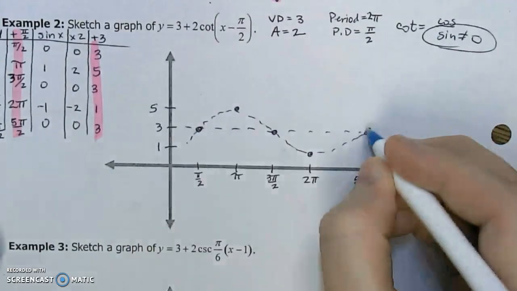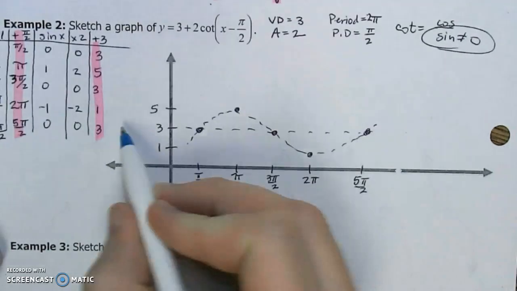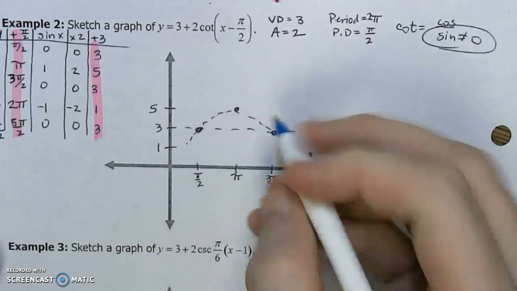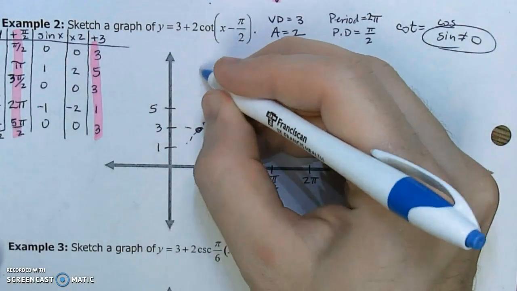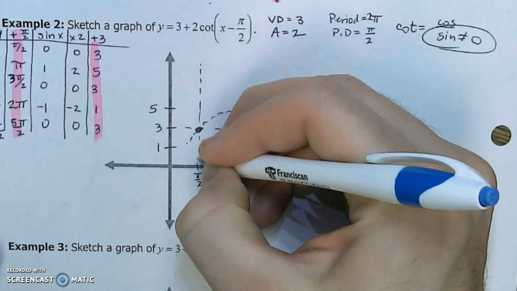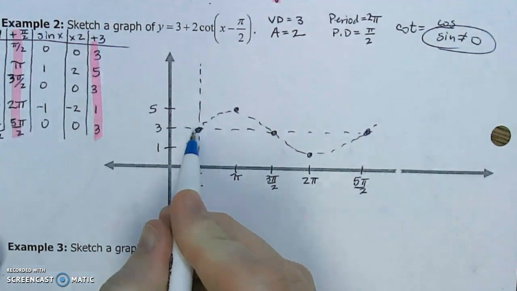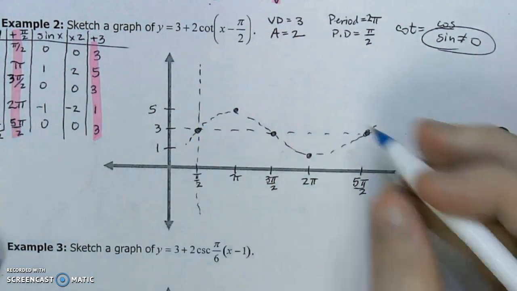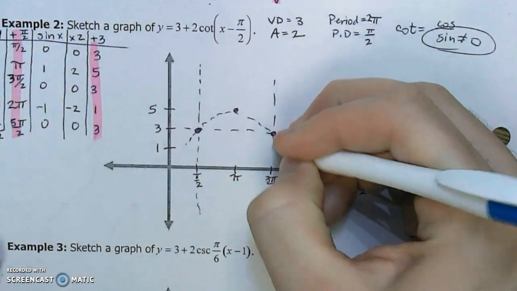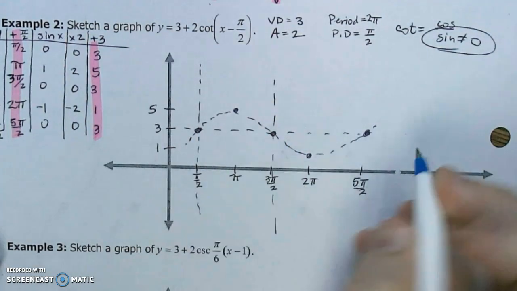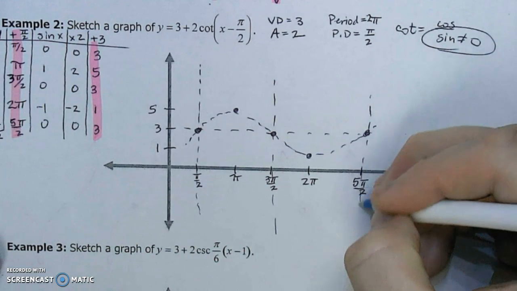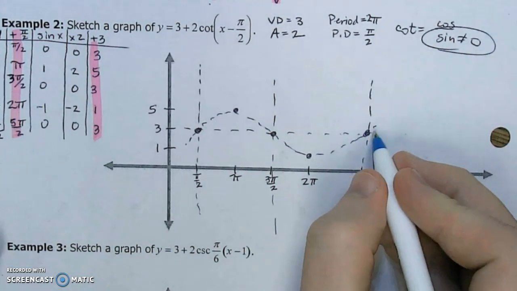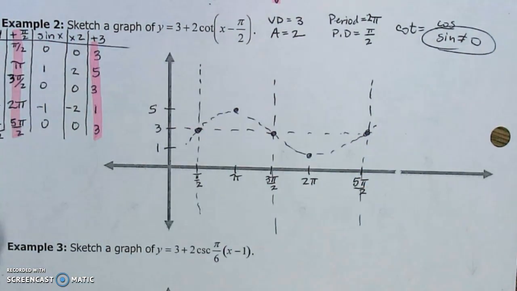Anywhere where the sine graph crosses the sinusoidal axis is when I would get 0 in the bottom. So I draw asymptotes at pi over 2 because it's crossing the dotted line, and at 3 pi over 2 because it's crossing the sinusoidal axis, and at 5 pi over 2, again, because it's crossing that dotted line. So that's where your asymptotes are.